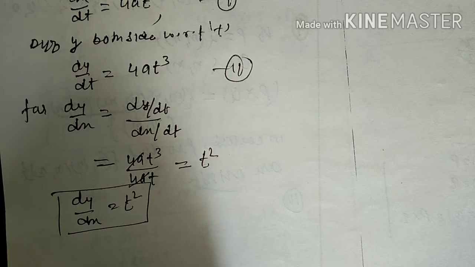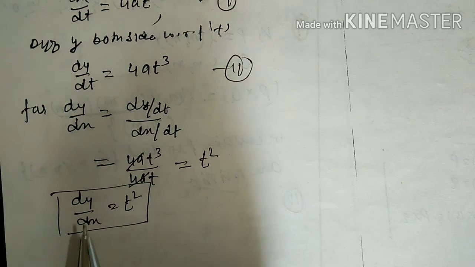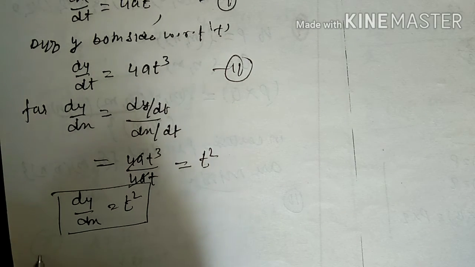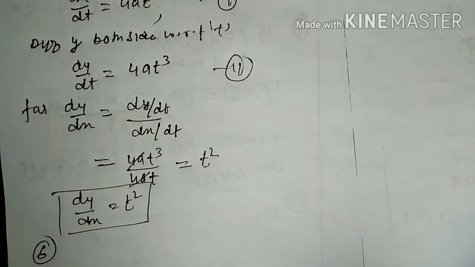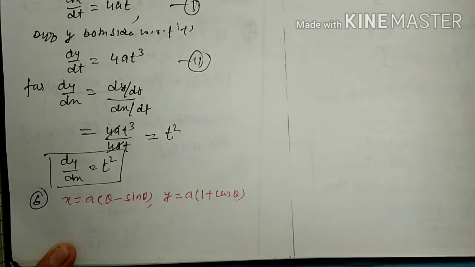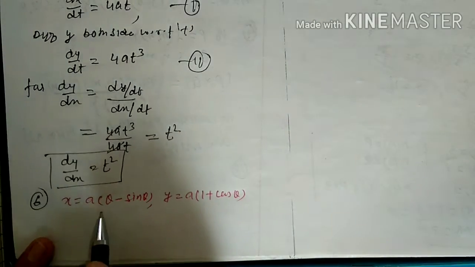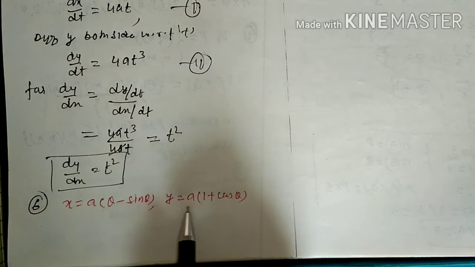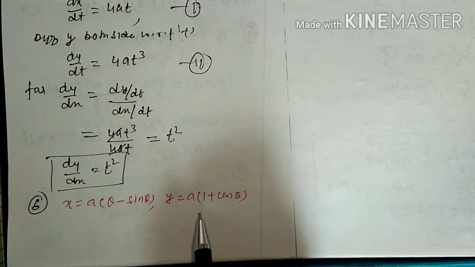Now we can take another question. Suppose we are taking question number 6. What is question number 6? We have x is equal to a times theta minus sin theta, and y is equal to a times 1 plus cos theta.